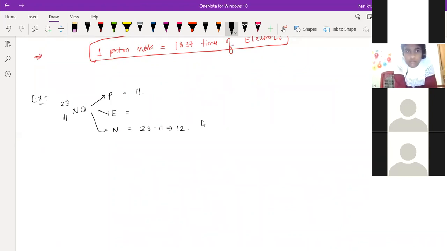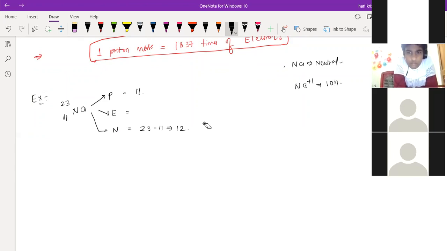Now, when I said neutral atom, Na has no charge on it. If nothing is given in the superscript, that is a neutral atom, so there should be 11 electrons. If a charge is given, plus or minus, then that is a charged species called an ion.